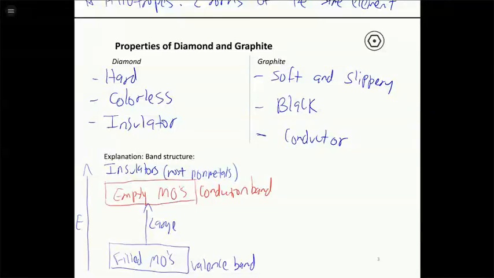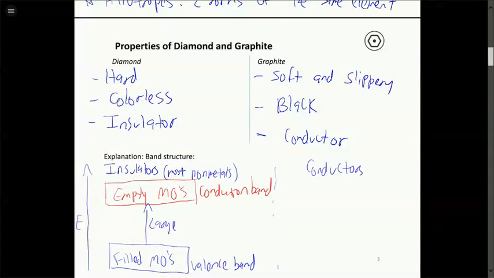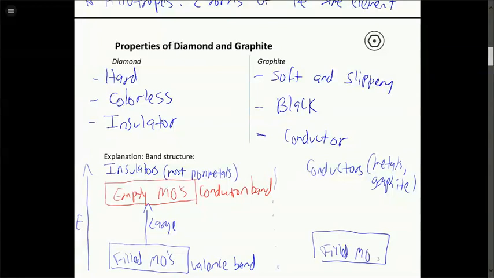Now in contrast, if you have a conductor, so we'll draw that over here, which are going to be metals or things like graphite, the band structure looks a little bit different. So you still have your filled molecular orbitals at some energy level. And again, those are typically the bonding combinations that are going to be filled.